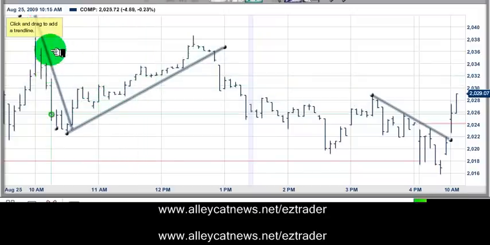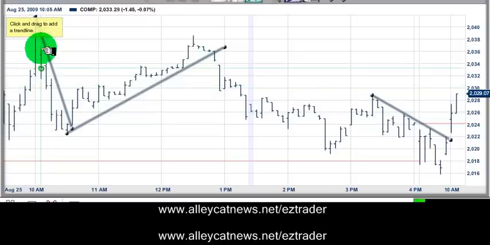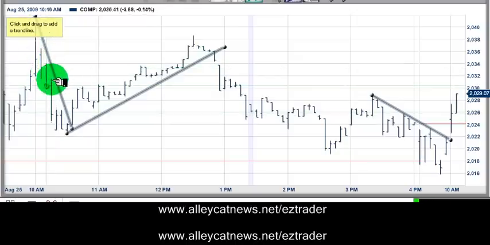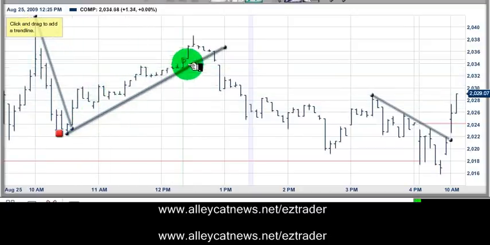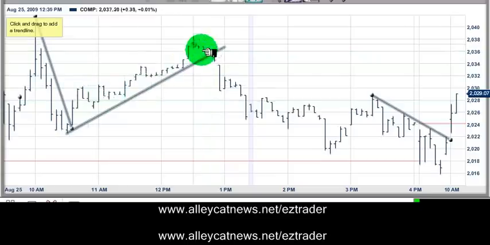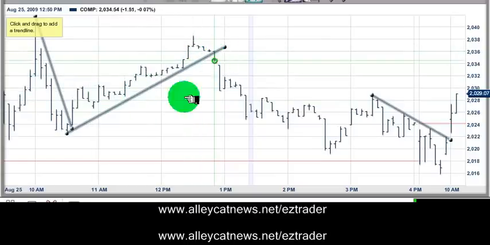You want to see a trend line be hit at least 3 times, and here it's right along that trend, these 3-4 bars. It just about hits it here, then here, and then again here. So you have a three-point trend line. Obviously it broke here.